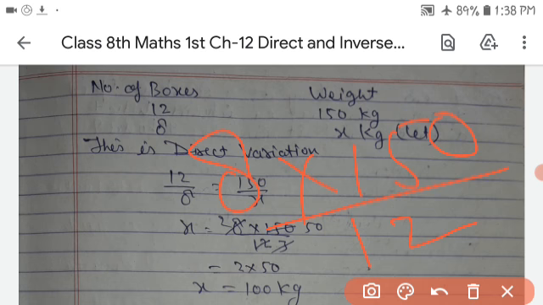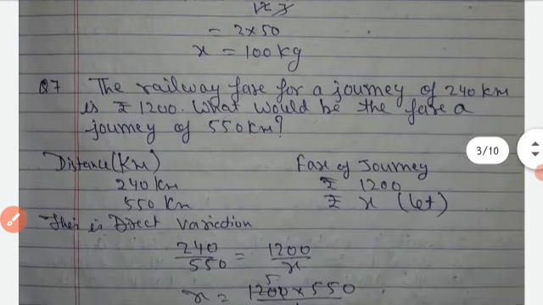Now cancel out using the table of 4. 4 twos are 8, 4 threes are 12, and 3 fives are 15. Okay children, now in your numerator 2 and 50 are remaining. Now 2 into 50 is equal to 100 kg. Weight of 8 boxes is 100 kg. This is your answer.